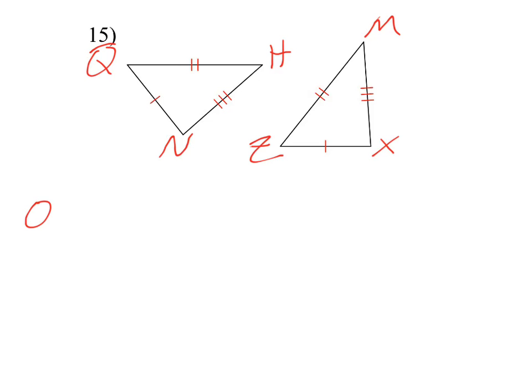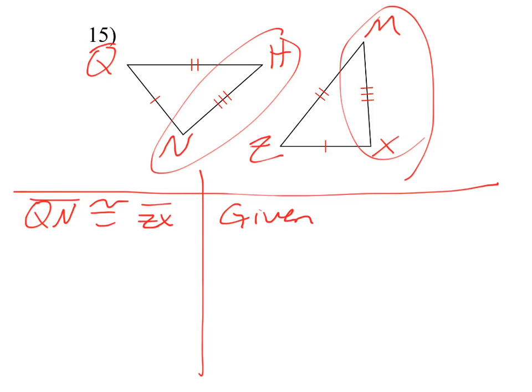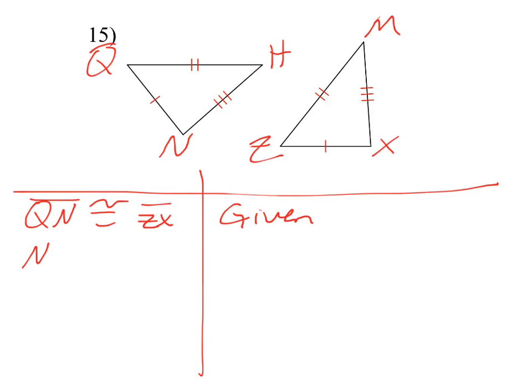I know that QN is congruent to, so this side is congruent to this one, that's ZX. And I know that because that's a given. And I know that NH is congruent to XM. That's also a given. It's right in the picture.